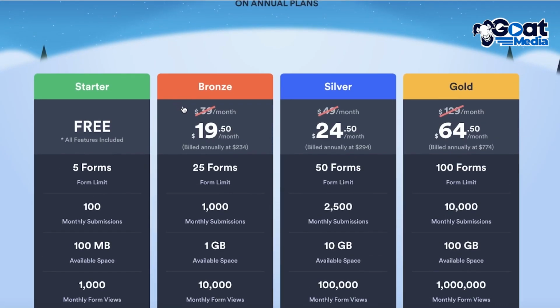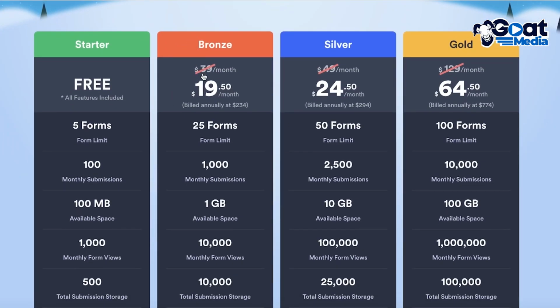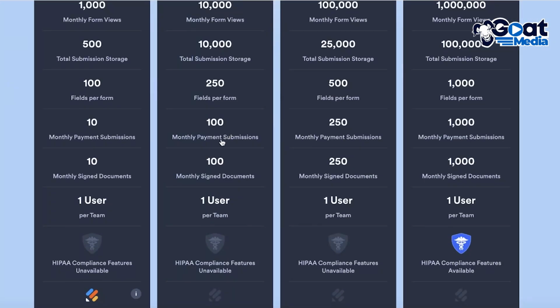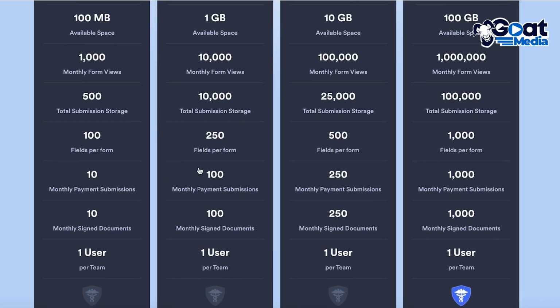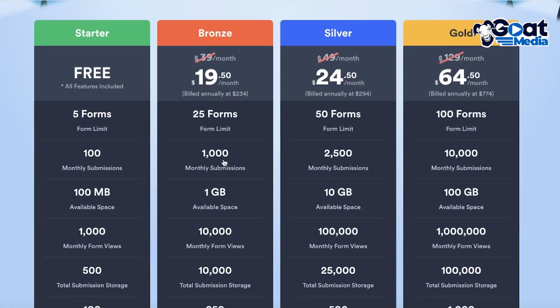Now, if we take a look at the bronze version, the main feature is the monthly submissions that we're looking to collect, or maybe e-signatures and the payments. So if you want to collect payments, you need to make sure that you're choosing the option that allows you to accept payments. So monthly payment submissions are only 100 submissions even on their bronze plan.